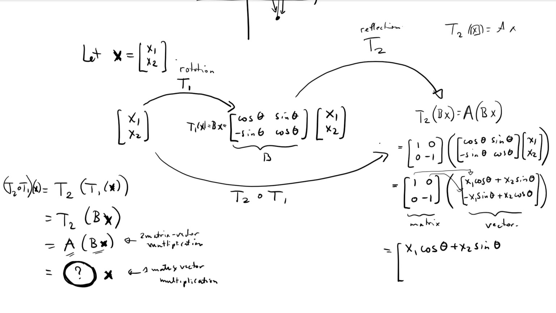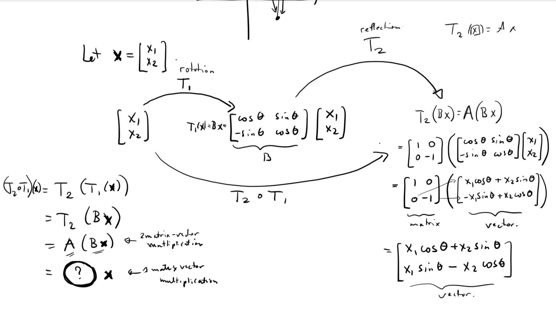And then same thing for my second entry. It's going to be 0 times this guy minus 1 times this guy. So that's going to give me minus 1 times the second entry essentially. So x1 sine minus x2 cosine. And then I get a vector, right? This is a vector now.